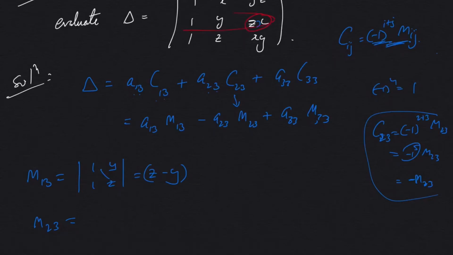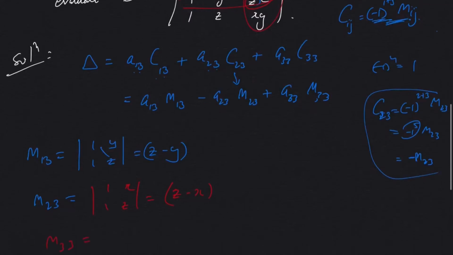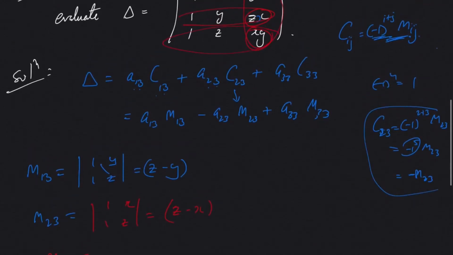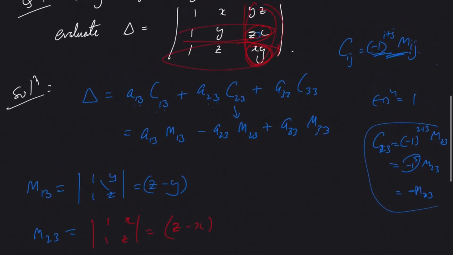Rejecting its row and column, 1 x, 1 z, so z minus x. M33 will be this element, rejecting this row and this column, so we'll have 1 x, 1 y, so that will be y minus x.